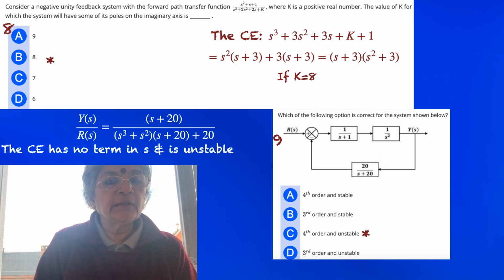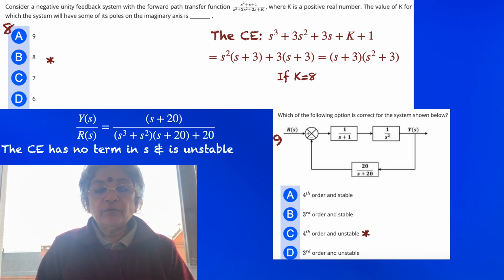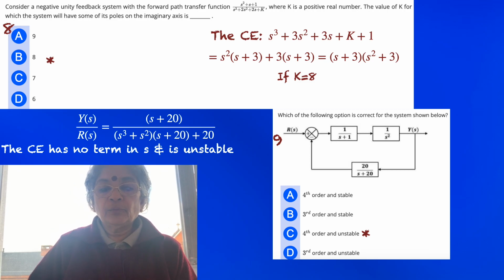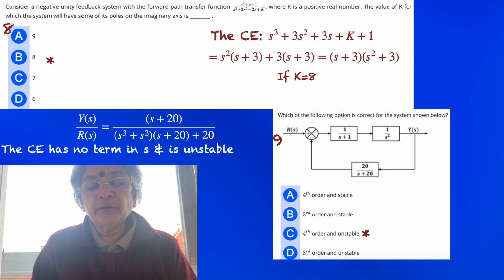This is the 9th problem. Each of the following options is correct for the system shown below. Okay, as usual, we are going to have 20 on the numerator, 1 into 1 and also 20, so 1 and 1 on the numerator.